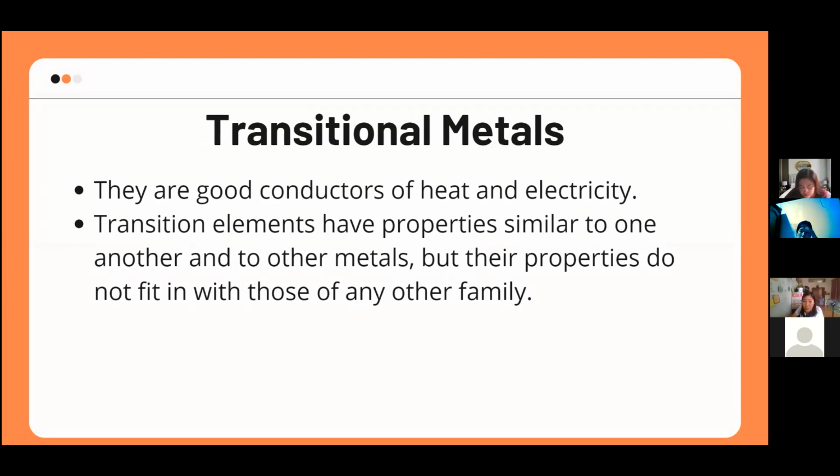And also, one important thing about transition metals is that almost all elements found in this group can react with oxygen, forming metal oxides. So for example, si manganese oxide or si iron oxide, which is commonly known as kalawang, iron oxide.